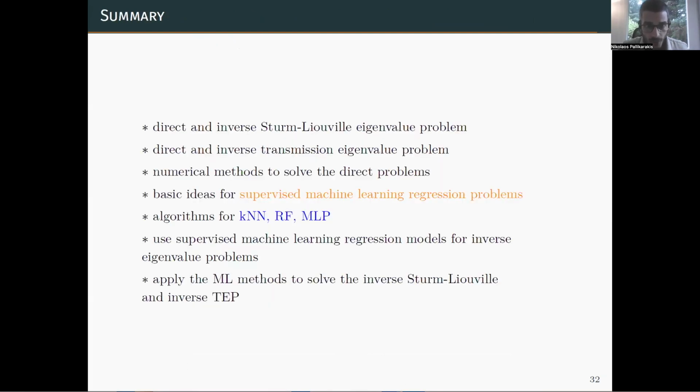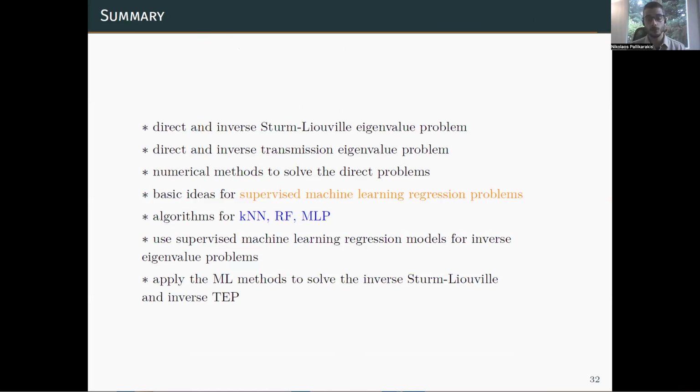So at this point, a quick summary of what we discussed today. We discussed direct and inverse Sturm-Liouville and transmission eigenvalue problems, and we saw some definitions, and we briefly discussed some non-numerical methods to solve them. And the main part of my presentation was focused on the ideas of supervised machine learning regression.